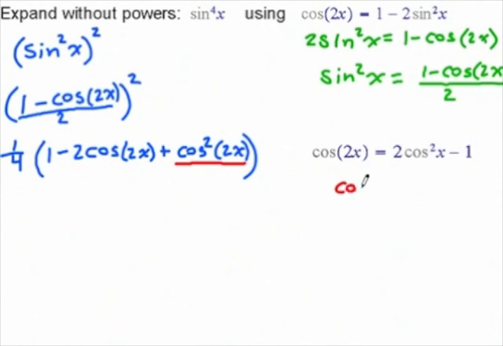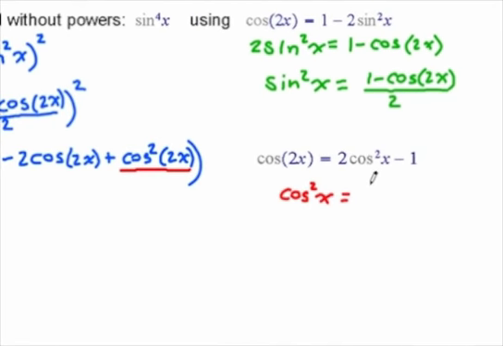We'll get cosine squared x is equal to, and it's going to be adding 1 across, so I can write it either way using the commutative property. I'm going to write it as 1 plus cosine of 2x to keep it in the same type of form as the green one up here, all over 2. So I can replace this cosine squared of 2x with (1 plus cosine of 2x) all over 2.